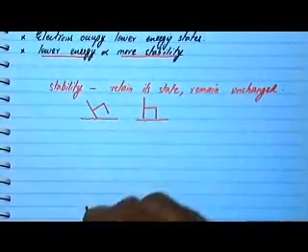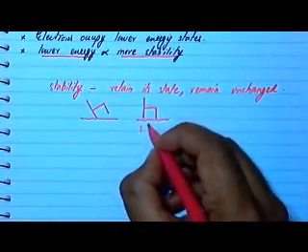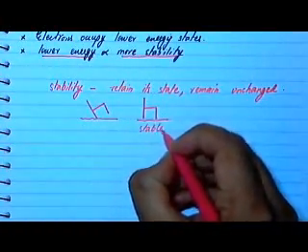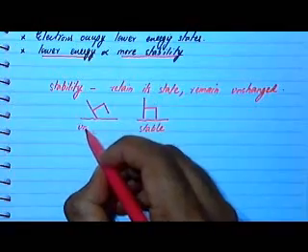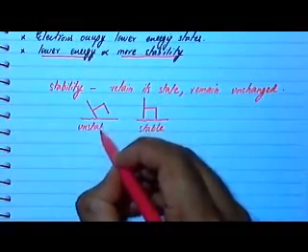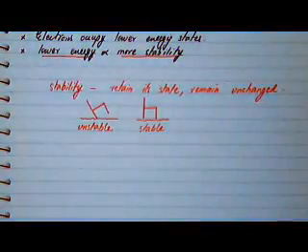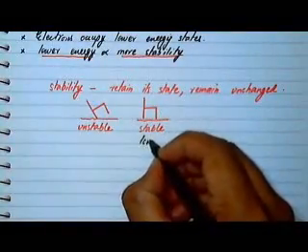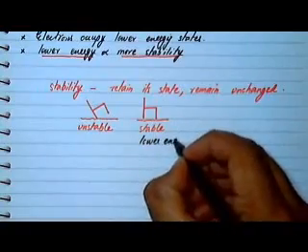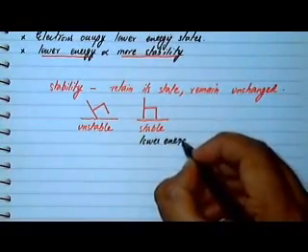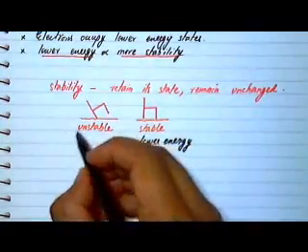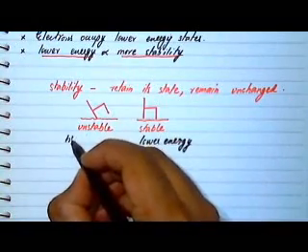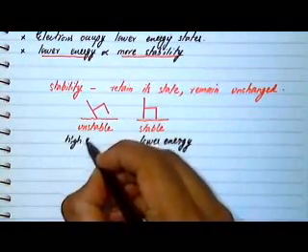This chair is stable, whereas this one is unstable. This one would be considered at a lower energy, whereas this one would be considered at a high energy.